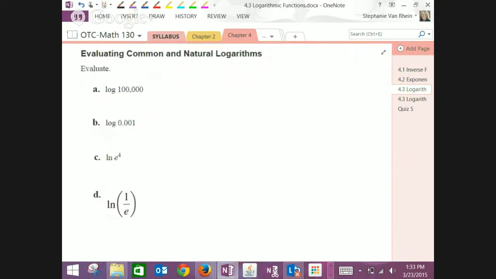Evaluating common logarithmic and natural log functions. Log base 10 of 100,000 is what? 5. This is saying 10 to what power is 100,000?